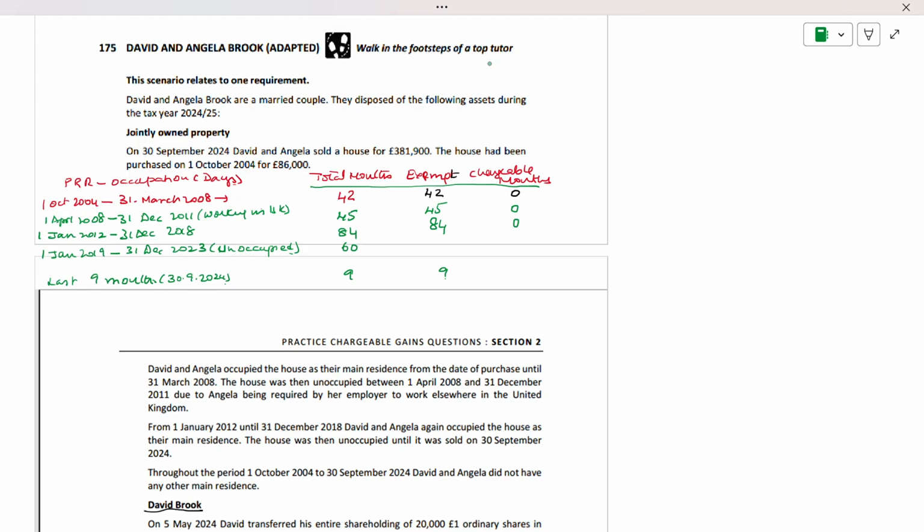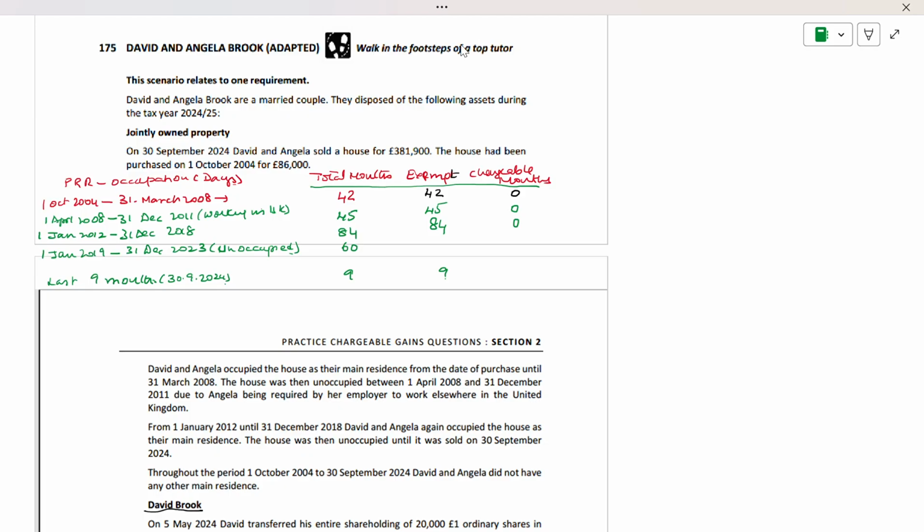Check again now quickly. Up to 36 months, 3 years of absence for any reason, is exempted. No, it has to be occupied 36 months and then occupied. Yes, we have taken 36 months working in UK. The first one is occupied.